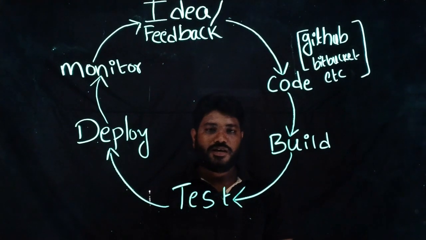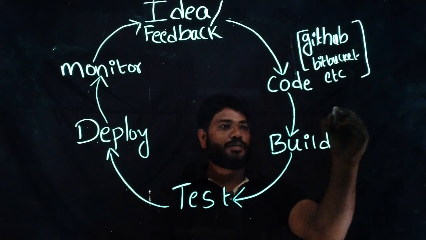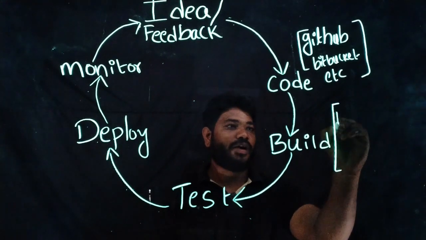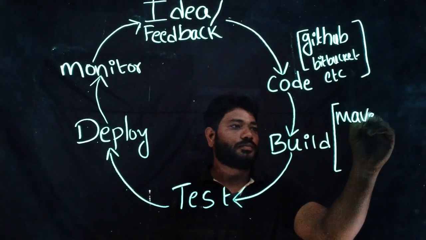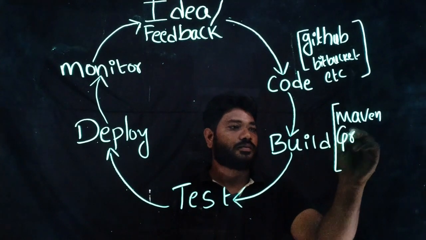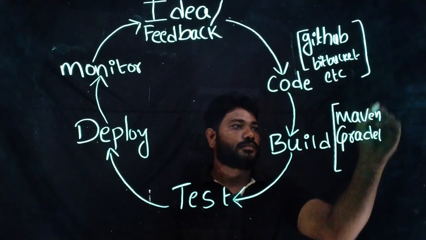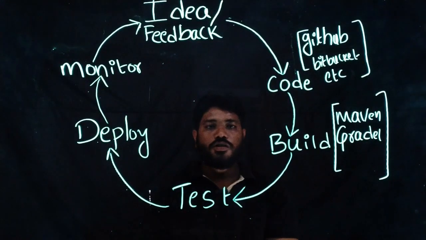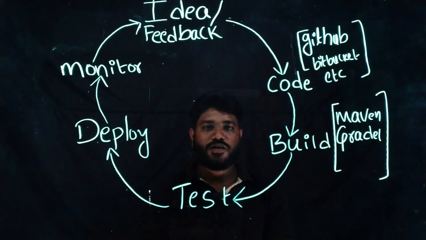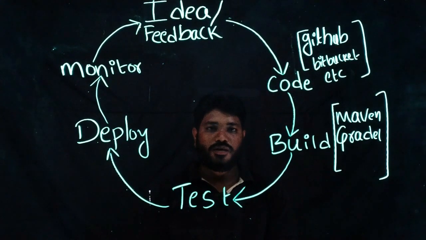Yesterday, in the last video, we discussed the build tool, which means a project management tool. The project management tools that we discussed are Maven and Gradle. Once you have converted your code from human understandable to computer understandable, you are going to test it.